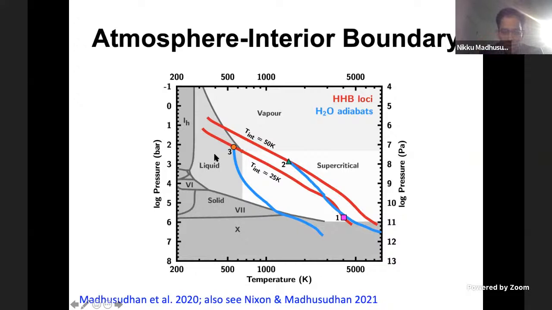You can see liquid phase, solid, supercritical, and so on, and this is just the temperature and pressure at that boundary. This by no means guarantees that this is a water world or that there is actually an ocean underneath, but what it does say is that there are solutions that can allow for water underneath a hydrogen-rich atmosphere at habitable conditions in the planet. So that's exciting.